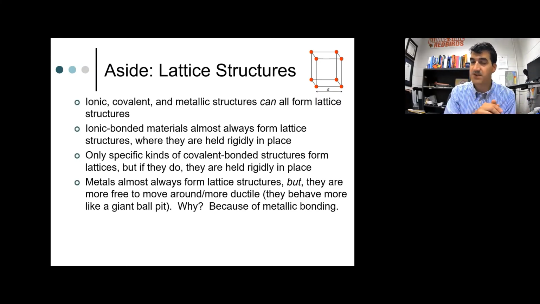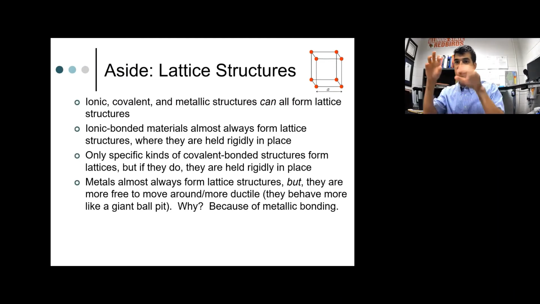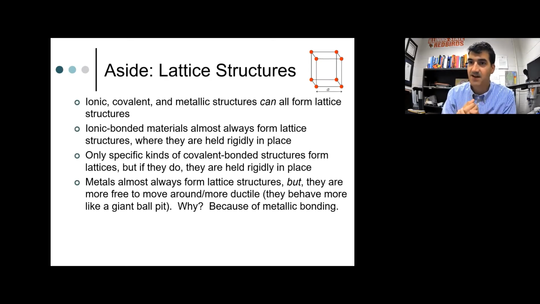Remember, I showed you the picture of the ionic bonded lattice structure with the positive and negative ions. Metals aren't like that. When metals bond, there isn't an anion and a cation in a metallic bonded solid. All of the metal nuclei are just bonded to the sea of electrons. They're not bonded to the other nuclei.